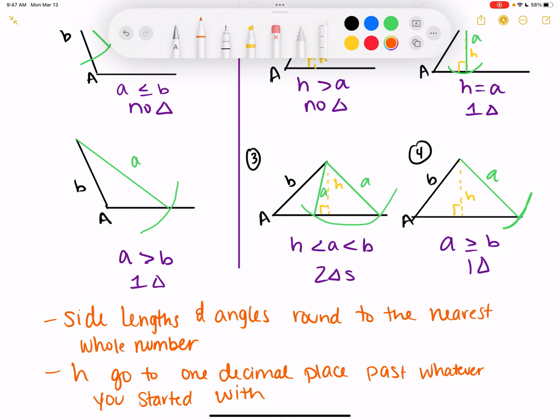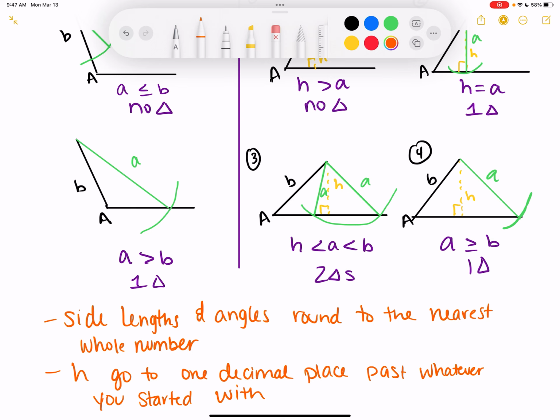So H needs to go one place past. If A was 3.4, and let's say H was 3.42, you can't just round to 3.4 or to 3, because then that's going to change your information that you were given. So always go to 1 decimal place past whatever you had.